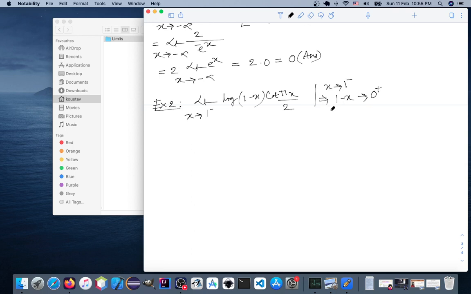Also pi x by 2 will tend to pi by 2, from a little less.